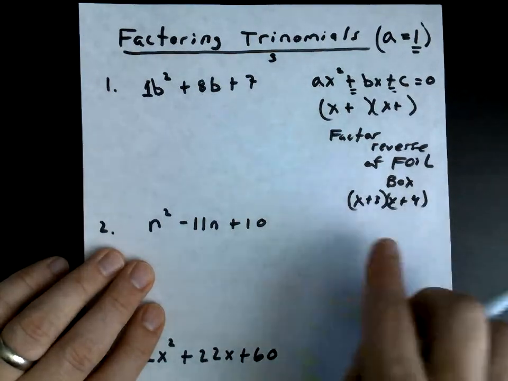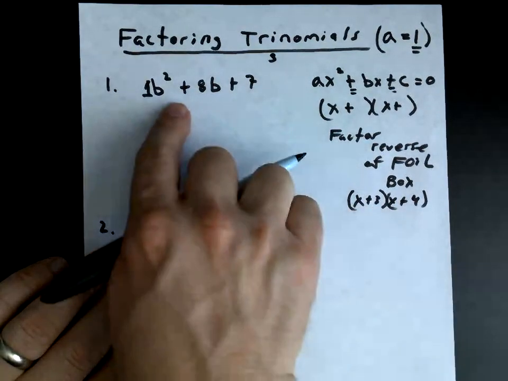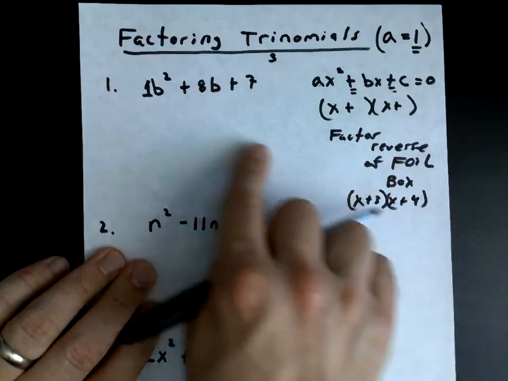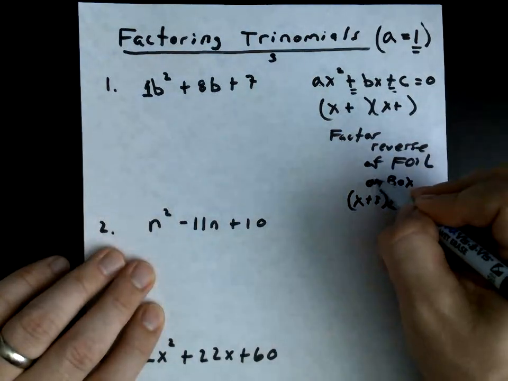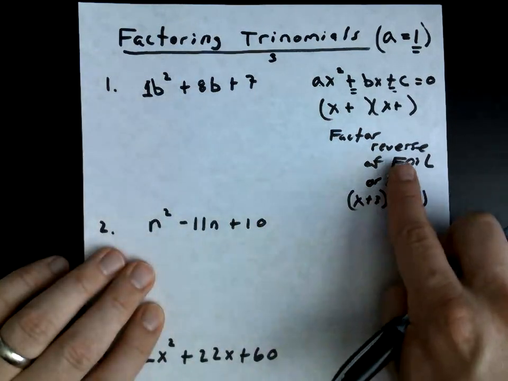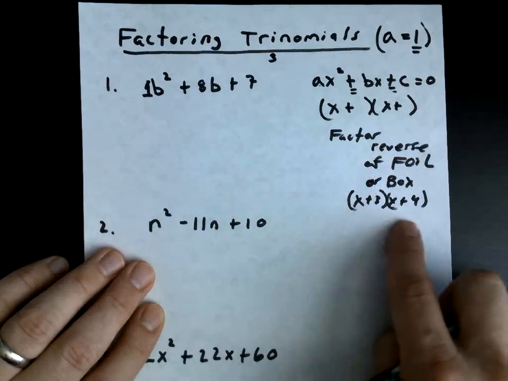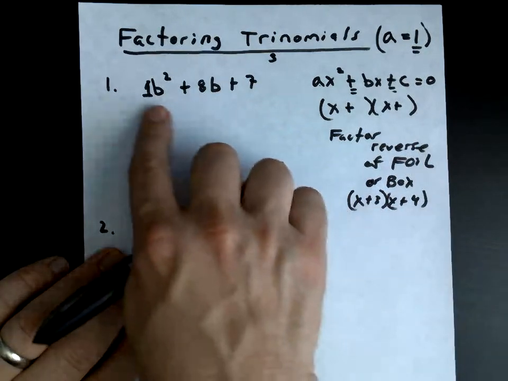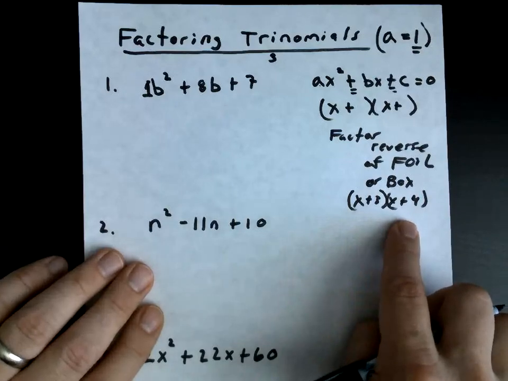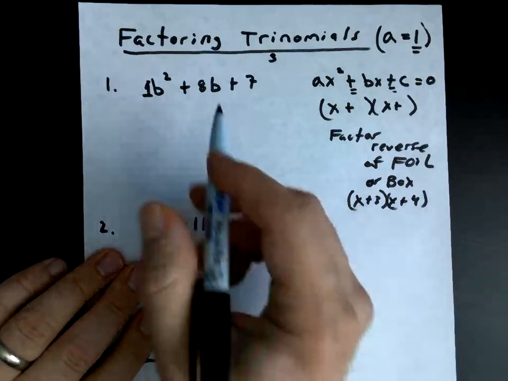I'm just making up one. So we're taking this, doing FOIL or box, and then going to this. That's kind of what we're doing, back and forth. So factoring reverses this. So we're going to take this and we're going to put it like this. This is what we call factor. So now we're going to go do that.